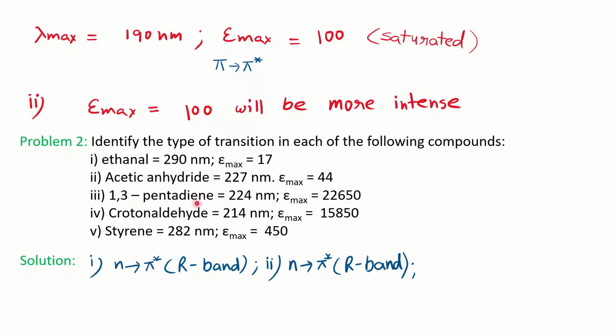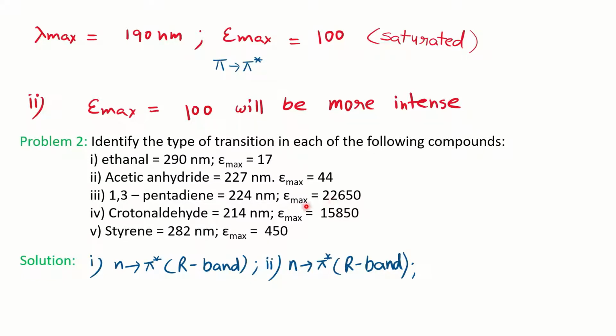The third is 1,3-pentadiene, where you don't have a heteroatom. So only sigma and pi electrons are there. And here you can focus on the intensity, which is 22,650. So if the molar absorptivity value, that is epsilon max value, is more than 10 to the power 4, the transitions are called allowed transitions, means within the same orbital.